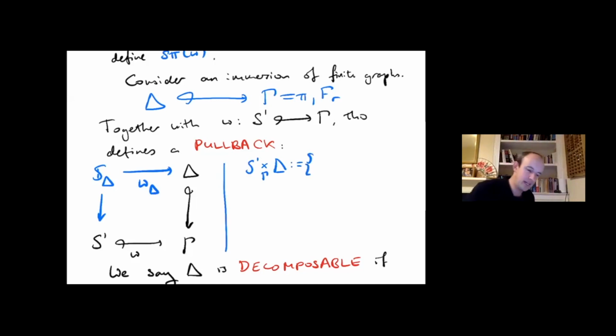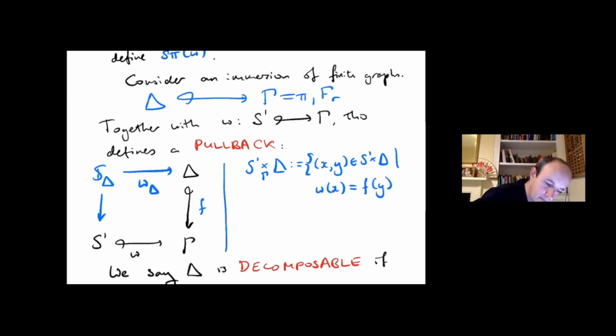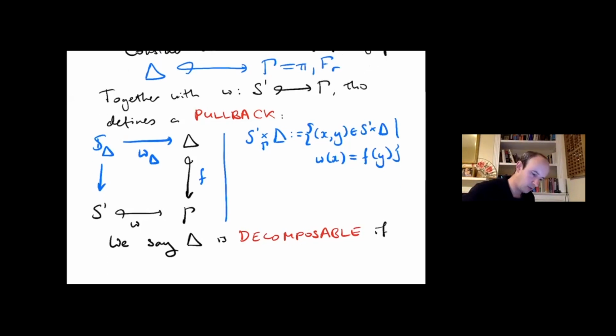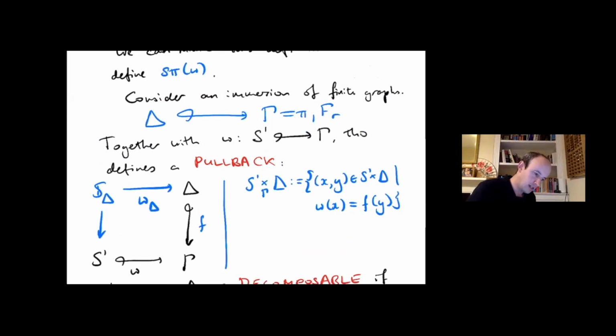Sorry, so this map here I'll call F. It's defined to be the set of pairs of points X and Y in the product S^1 cross delta, such that W of X equals F of Y. So I've got one point in S^1 and one point in delta.